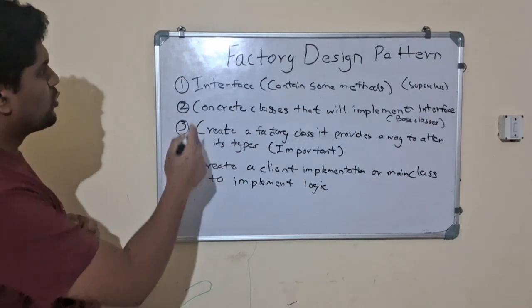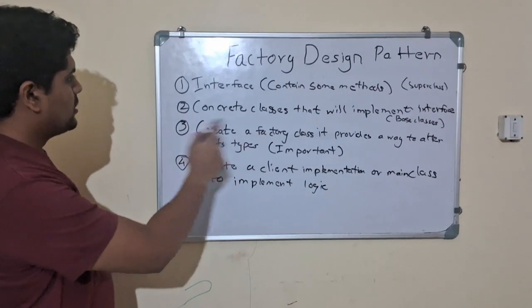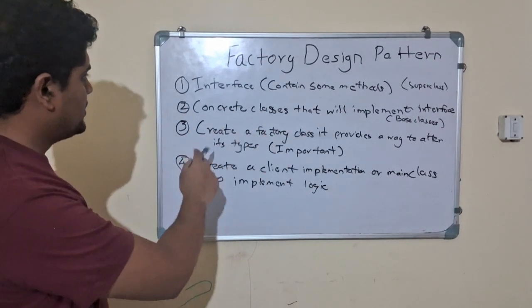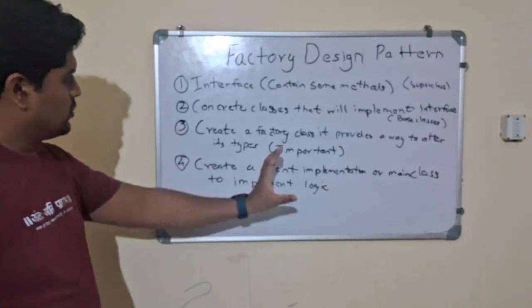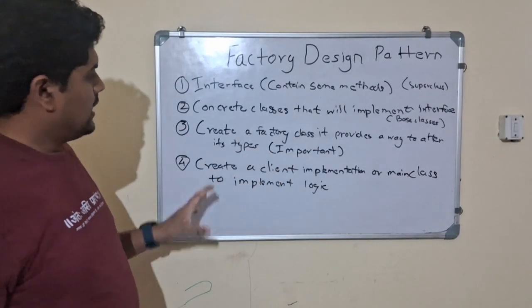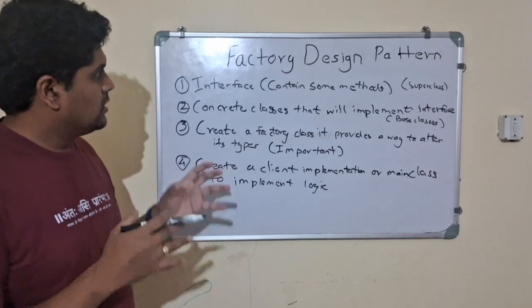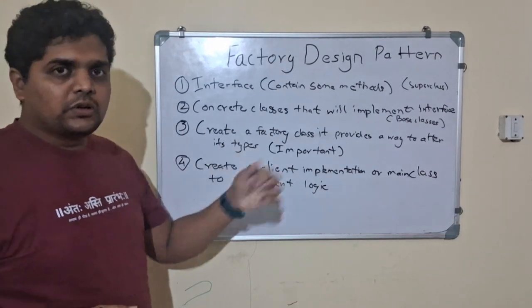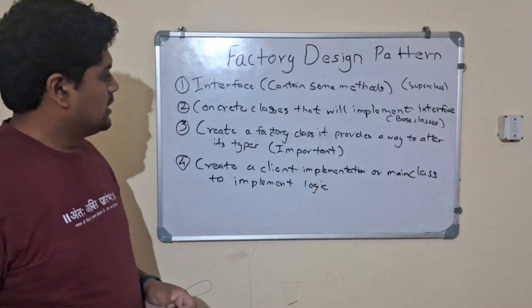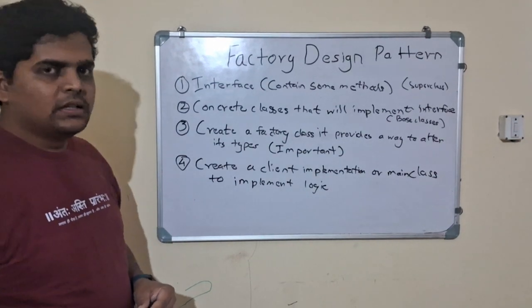So these are the four main points: an interface, concrete classes that implement the interface, a factory class that provides a way to alter its type, which is important, and finally the main class where you demo and implement the factory pattern.